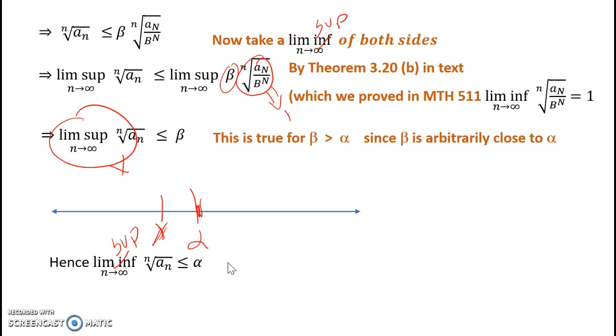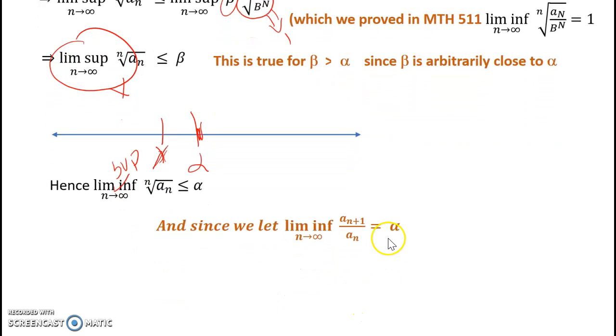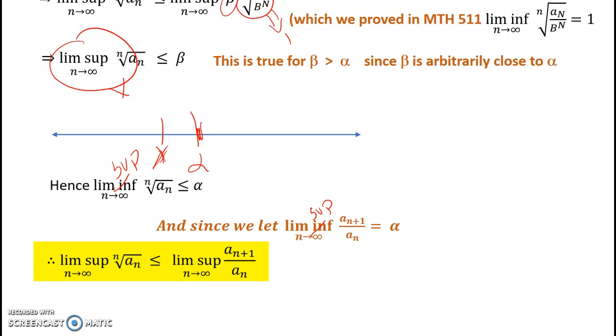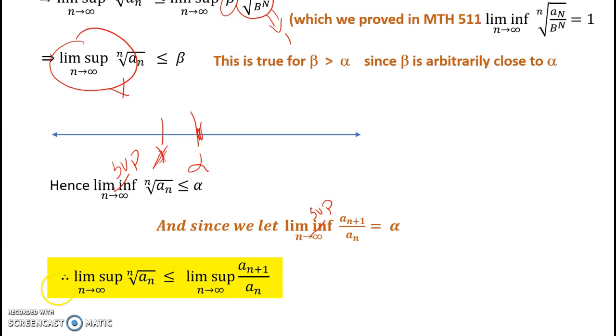And once again, in the beginning of the proof we did let alpha be equal to the limit supremum as n approaches infinity of a sub n plus 1 over a sub n. So I can replace this alpha here with that expression, and that is exactly what we wanted to prove in the beginning of part B, as you can see here.